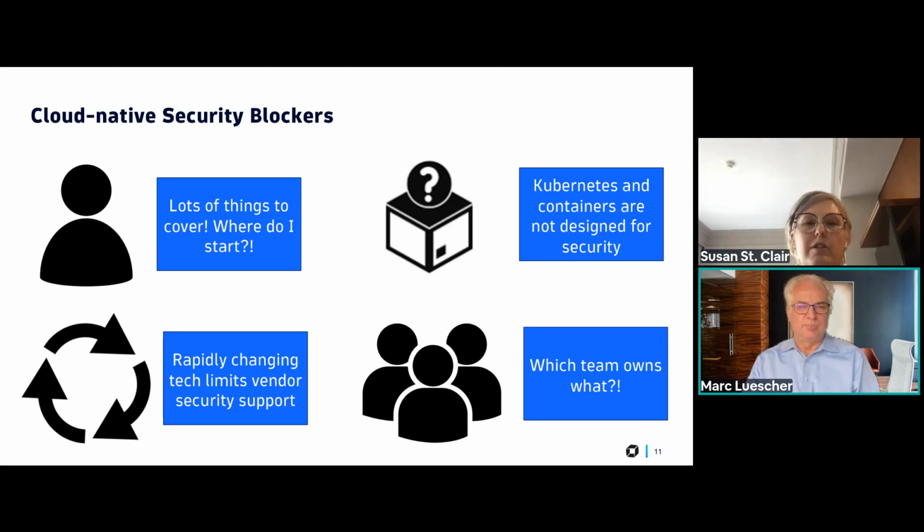So probably the two things that I hear the most are, holy cow, Batman, where do I start? Whatever my tool or platform of choice is, I'm getting overloaded with alerts and findings, however you're consuming that. And the second one is, I don't know who owns these. It seems very simplistic to say that.